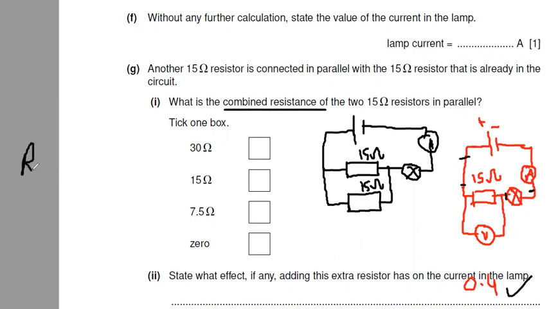we know before that R total for parallel connections is equal to product over sum, which means it will be 15 times 15 over 15 plus 15.